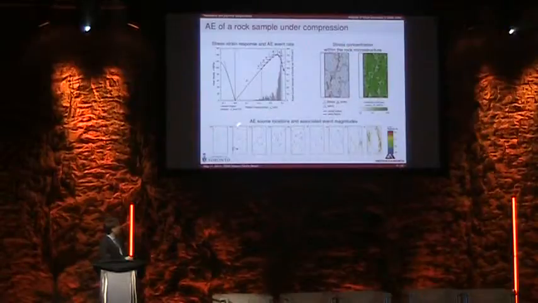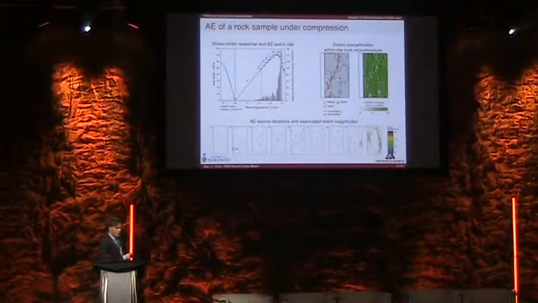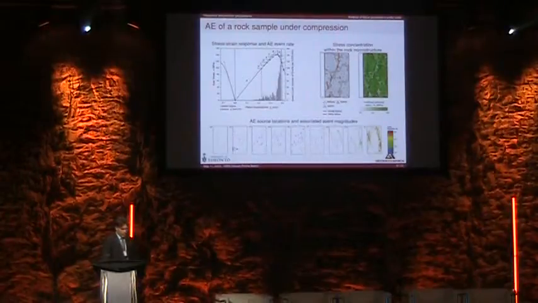But then we looked into the acoustic emission activity during the simulation, and we divided the stress-strain curve in several stages, and for each stage we computed the acoustic emissions, which are plotted here with the color proportional to the magnitude. As you can see here, there is an increase of magnitude as you approach failure, and also you go from a diffuse distribution of source locations towards a localized fracture pattern.